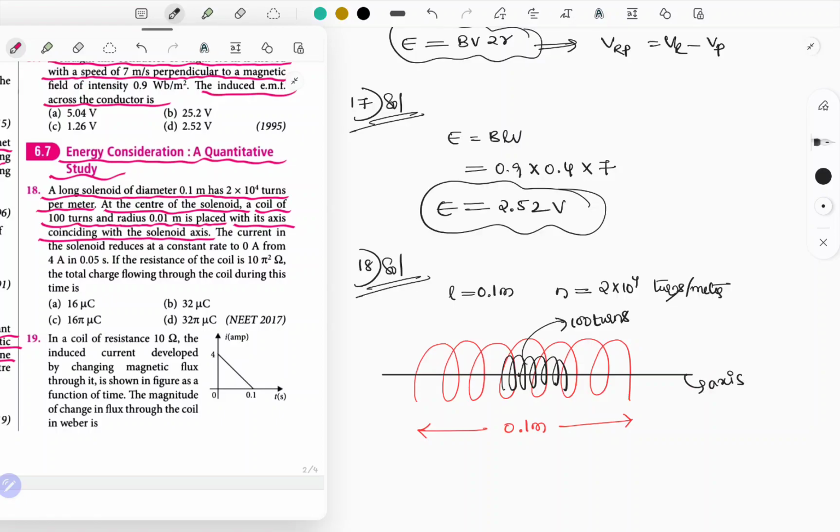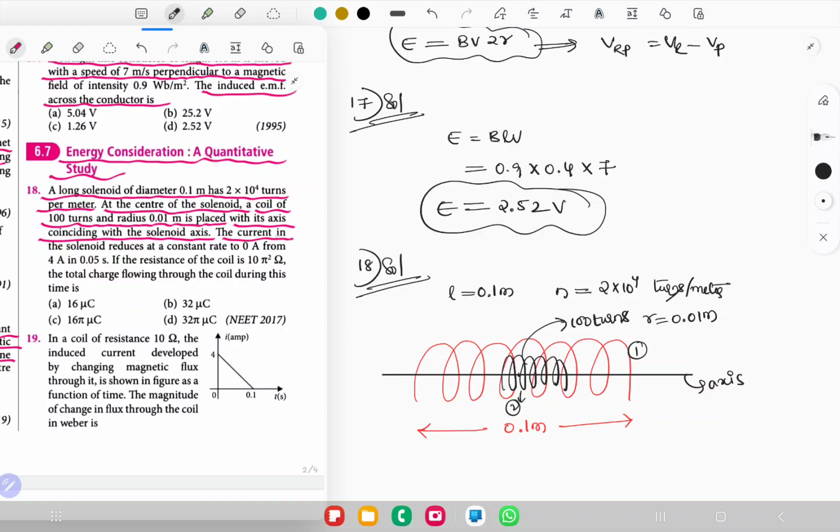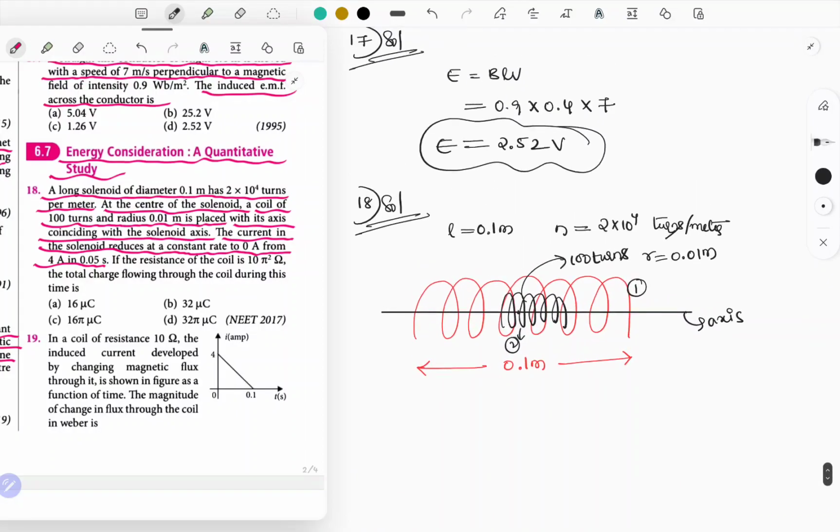What's the radius of this coil? Radius is given as R is equal to 0.01 meter. This is for this small coil, let's say coil 2, and this is coil 1. Solenoid also I am treating as a coil only. Now the question. The current in this solenoid reduces at a constant rate from 4 ampere to 0 ampere in 0.05 seconds.